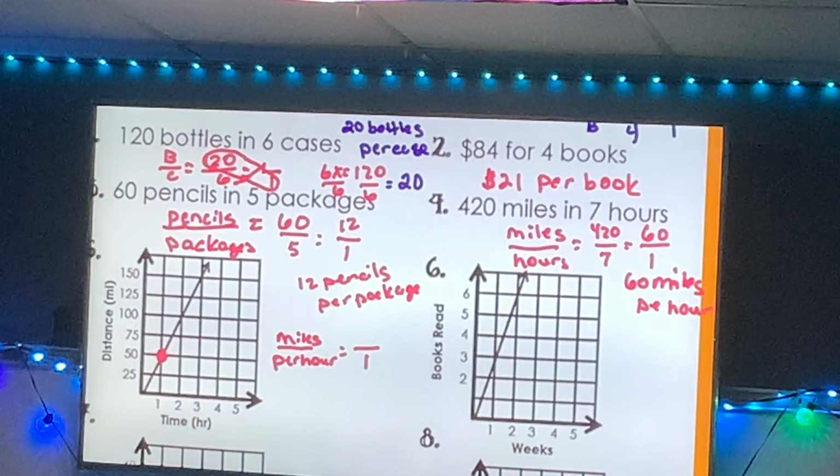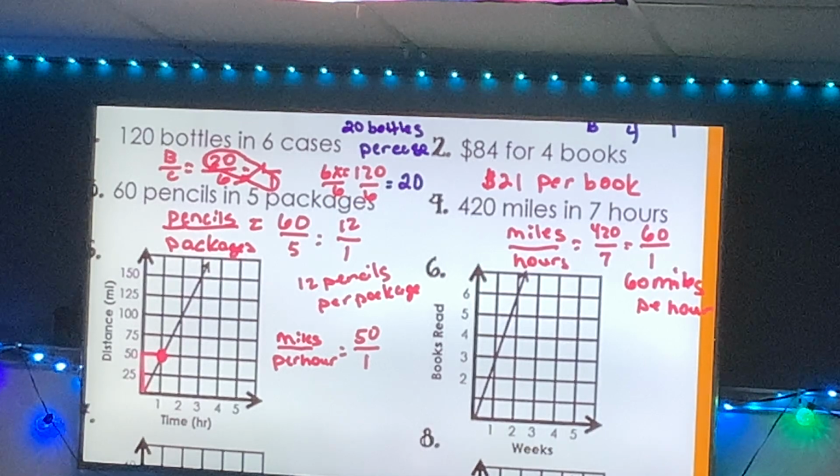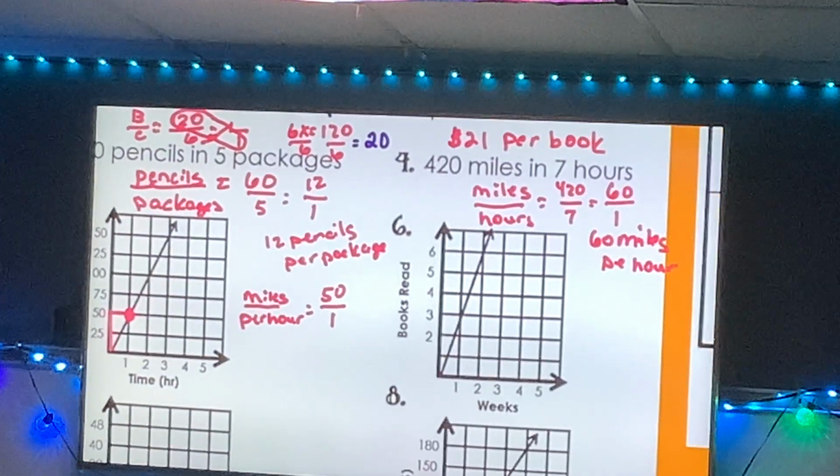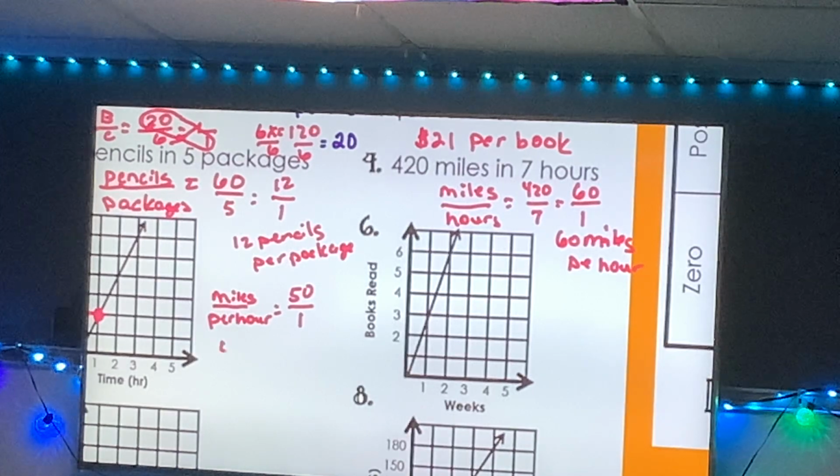So how many miles in an hour? 50, thank you. If you do that, didn't I rise 50 and run 1? 1 hour is 50 miles. Okay, number 6. So we would write, on number 5, we'd write 50 miles per hour.